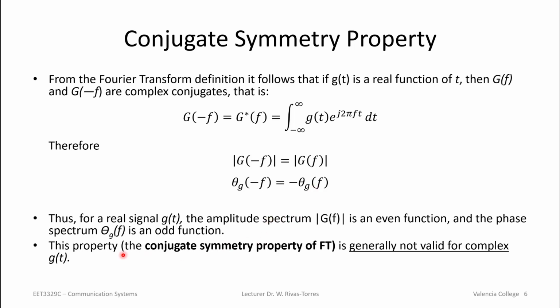You can say this for the amplitudes because the amplitude is an even function and the phase is an odd function. That's how we can state this property. In general, we apply this property only to real functions, non-complex functions. So if g(t) were a complex function, this in general does not apply, so we don't apply it.